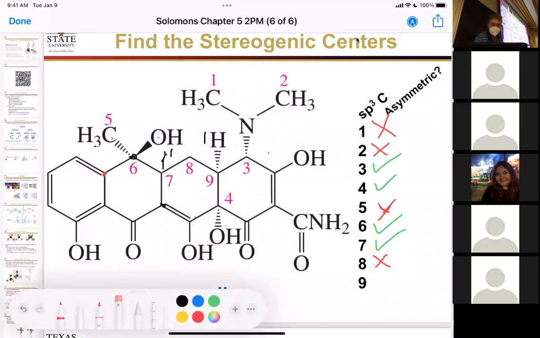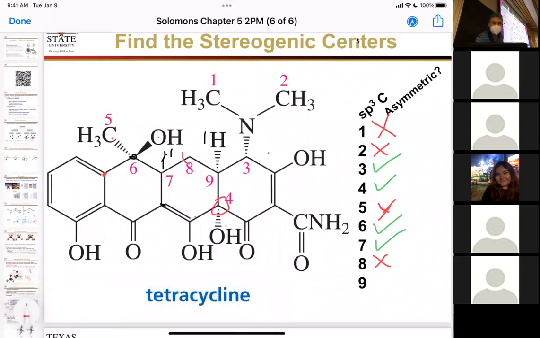We have a carbon with an oxygen on it over here, a CH2 over here, a CHN over here, and a hydrogen. That's 4 different things. So we have our chiral center. All right, so now we're doing a really good job at isolating our carbons. Okay, the rules are sp3 hybridized, 4 different things, and you're going to have 2 stereoisomers, which are going to be enantiomers. Okay, questions on that?